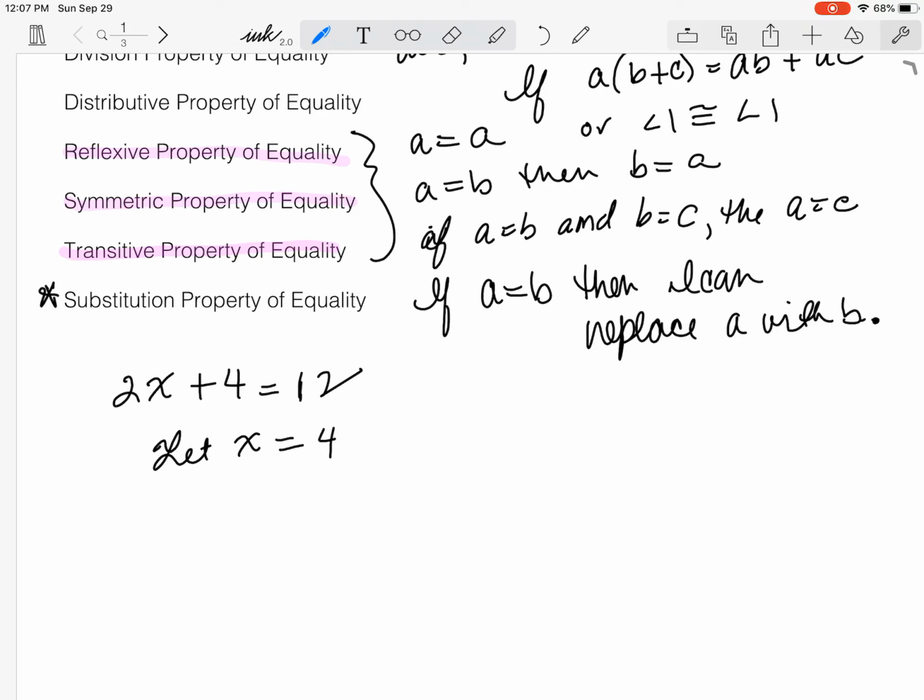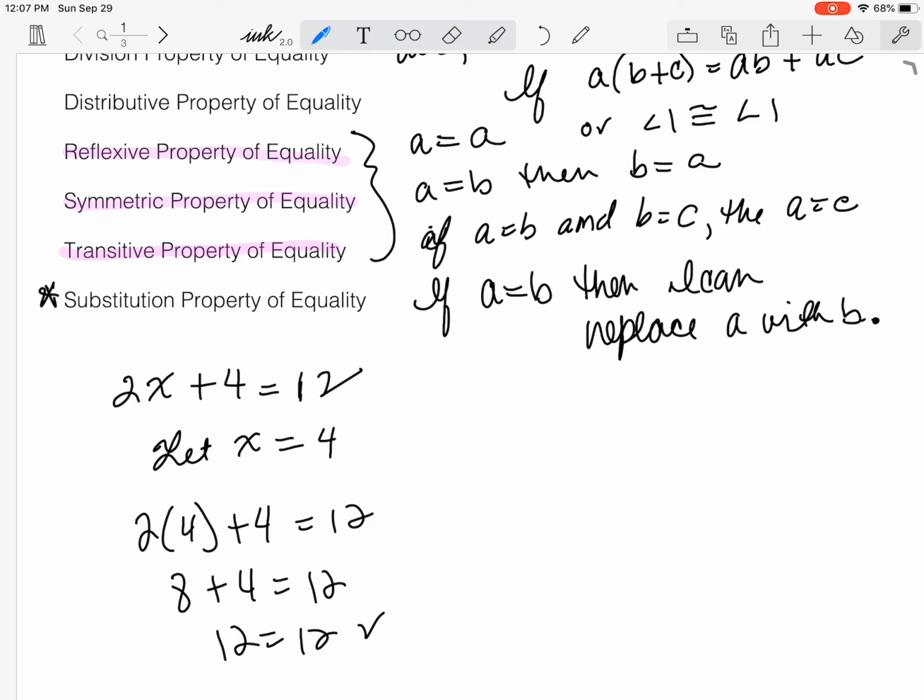That lets me know to substitute in 2 times 4, plus 4. That's going to give me 8 plus 4, which is 12. 12 is equal to 12. All right, that works out.